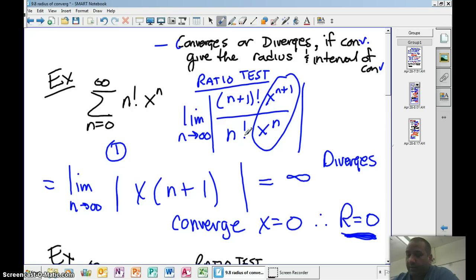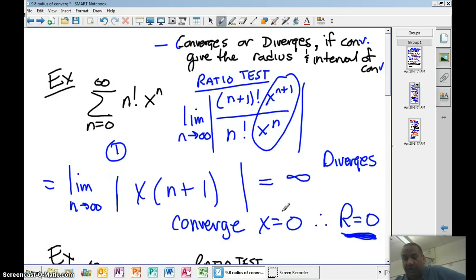So the limit as n approaches infinity of the absolute value of x times n plus 1 equals infinity. You get infinity. That means it diverges. That means it will only converge with a radius equal to 0. So x equals 0. That's it.